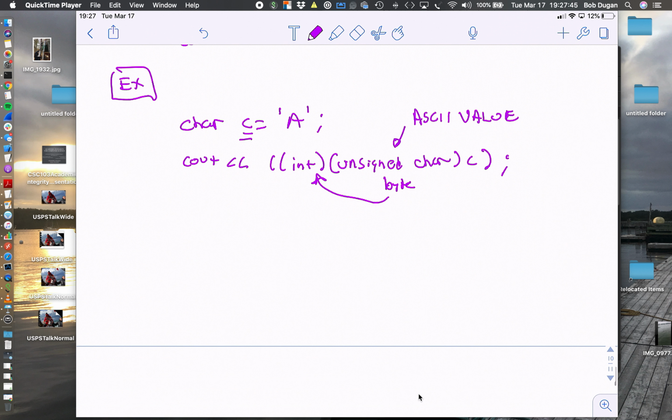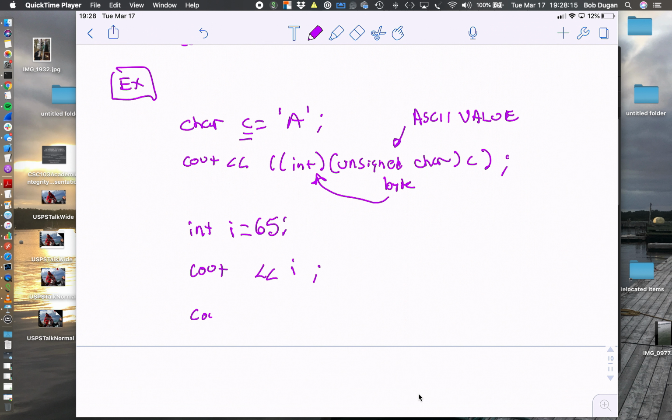However, if I did this, int i equals 65, and then I wanted to say cout i, what that would do is print out the value of 65, but I actually want to print out the ASCII value of 65.